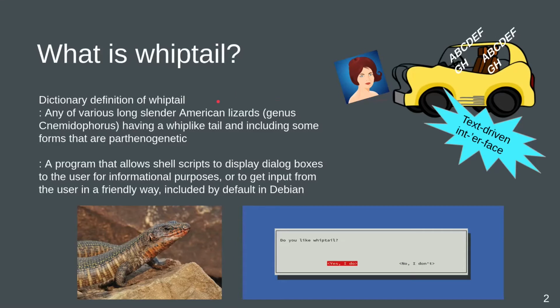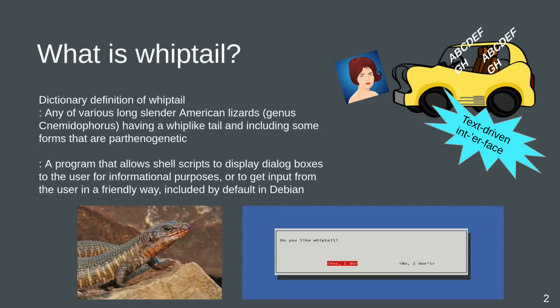So first of all, what is a whiptail? A whiptail is any of various long, slender American lizards, having a whip-like tail and including some forms that are parthenogenetic, which I don't know what that means. Luckily, this isn't a biology class.